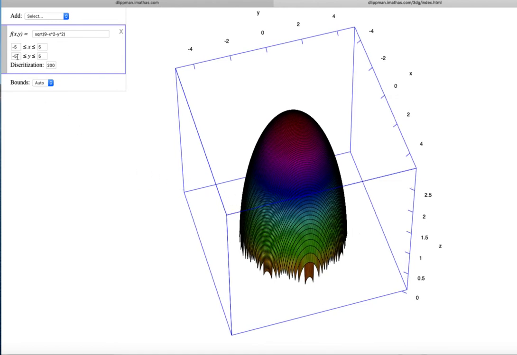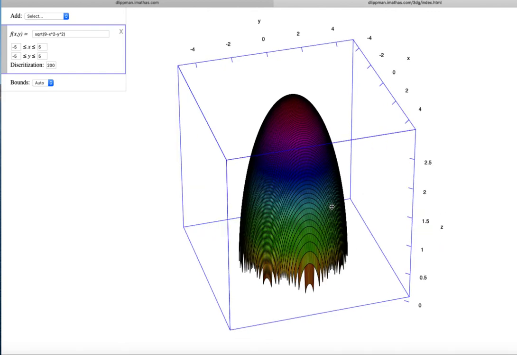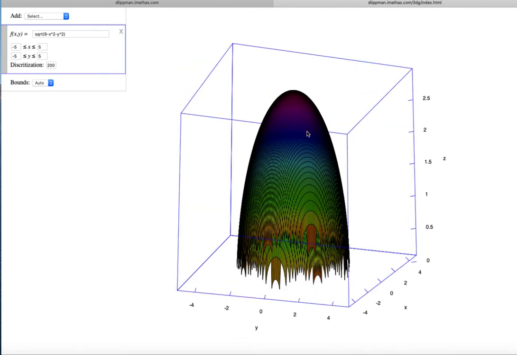I should say the main one is, the way this is defaulted to set up is that it's going to take the function you give it, and then it's going to decide what z-scale it wants. But what we really would like is for the z-scale and the x and the y scale to all be the same.